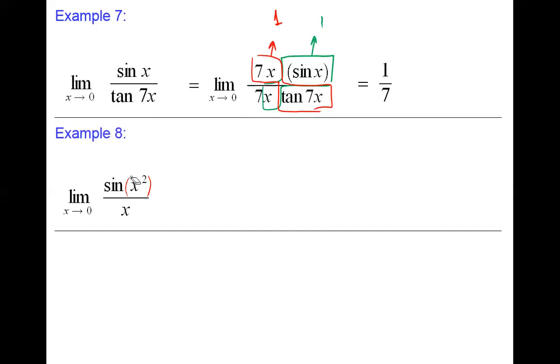I have sine of x squared. That means it would be really good to see x squared in the denominator. Okay, I will multiply the numerator and denominator by x. And then I see sine of x squared over x squared, because this is, of course, x squared.